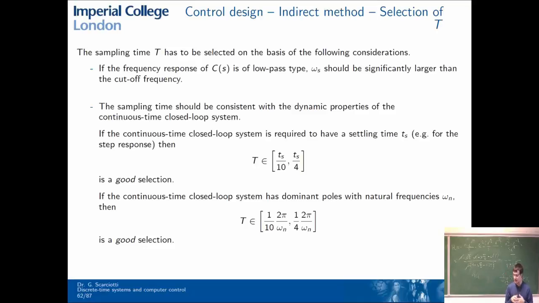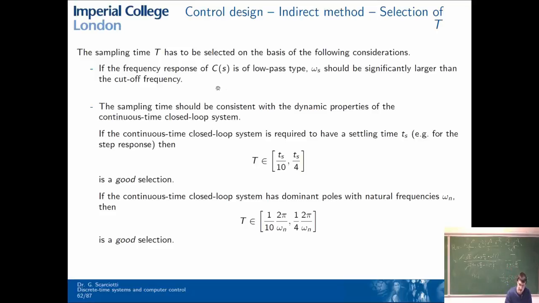There is not a real theoretical reason why these selections, these rules work, okay? But in general, if you follow them, you will get a discrete time system that actually behaves as you expected, okay? So there are different rules that you can apply in different situations, okay?